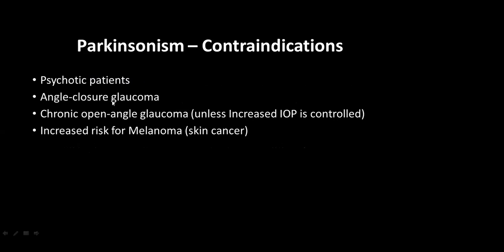And also for angle closure glaucoma, chronic open angle glaucoma, and if the patient is at risk for melanoma, because dopamine is, I think, a precursor of melanin, and giving it to a patient at risk of melanoma can increase the risk of the patient having this malignant skin cancer.